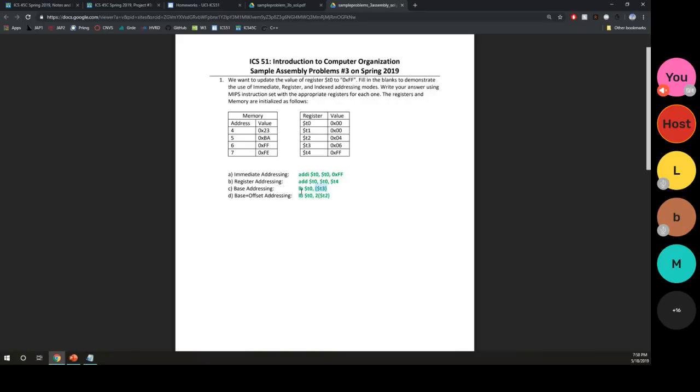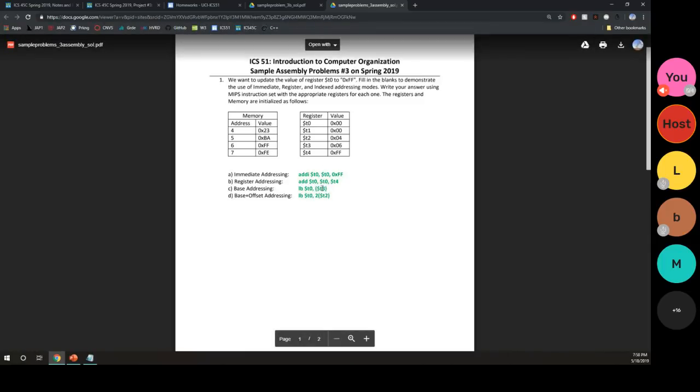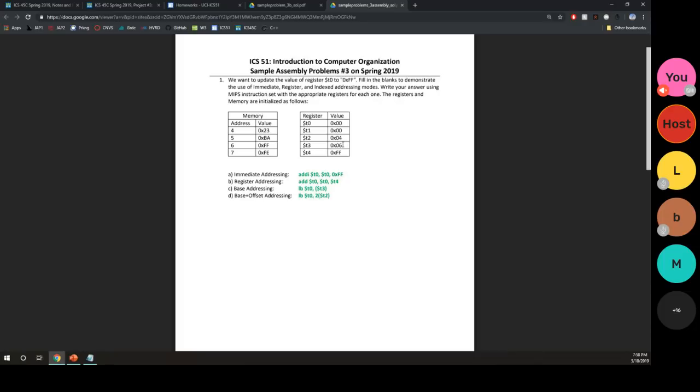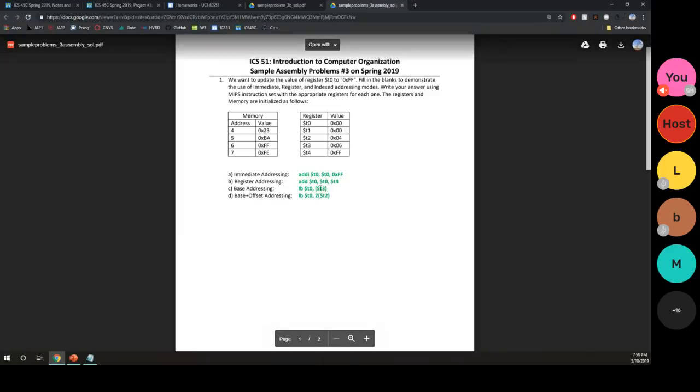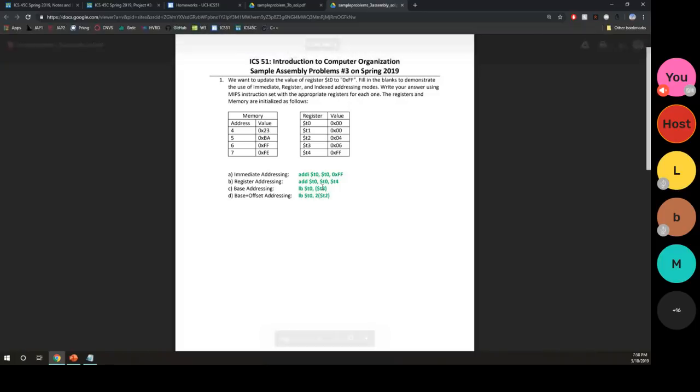So instead we use load byte, and we see that T3 has a value of 6, and the memory value at address 6 is FF. So we can use that. Does that make sense?